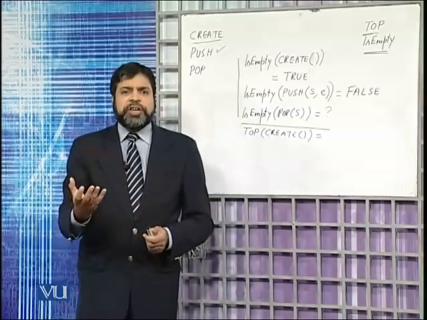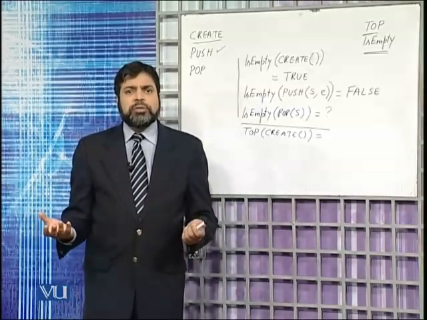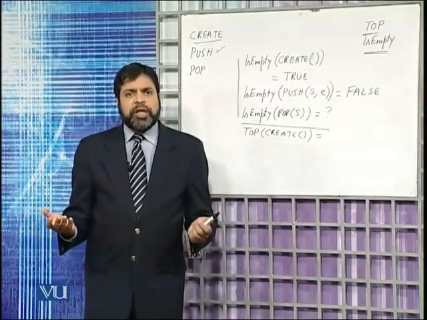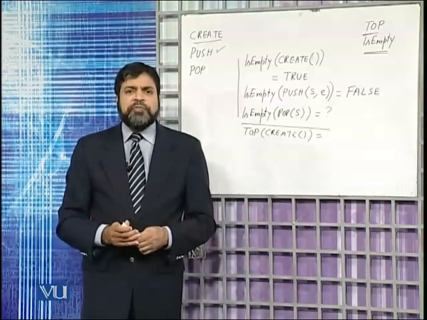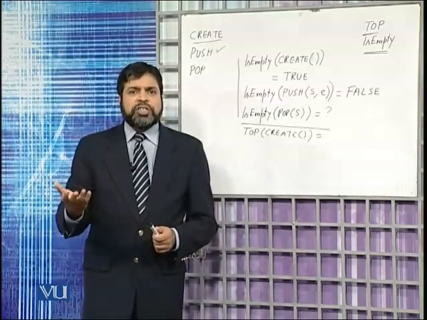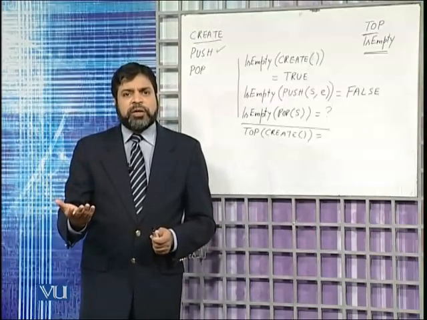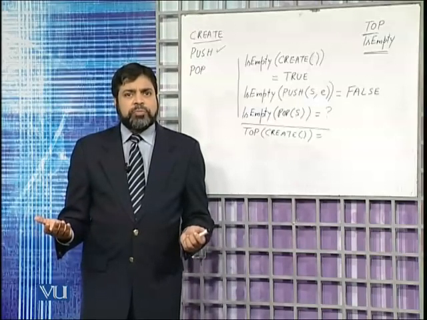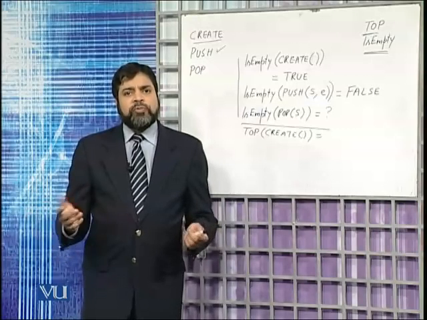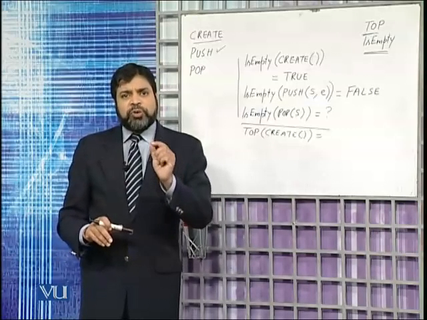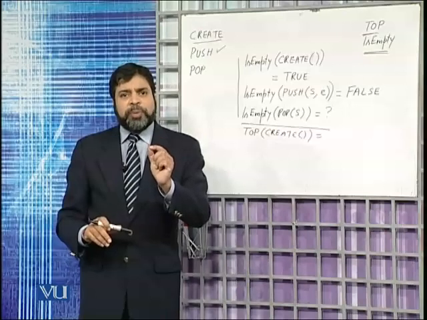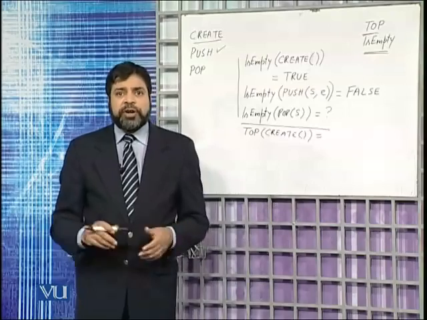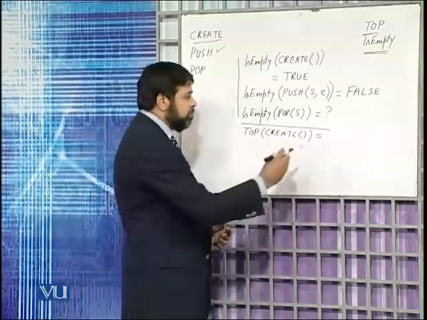So when we have just created a new stack, what is there? There is nothing. The stack is empty. And if the stack is empty, if we ask this question, what is at the top of the stack? Obviously, it is undefined. There is nothing. So when we try to get the top element from an empty stack, the answer is undefined. It is an error. So we write this.